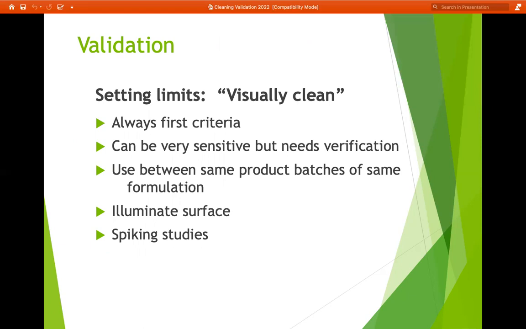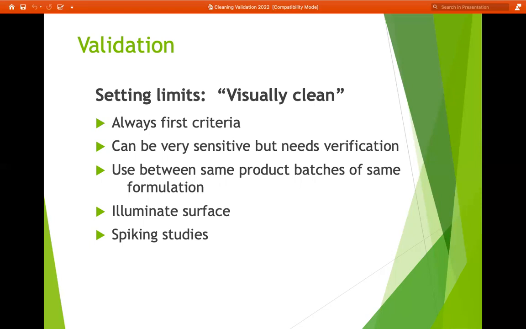In that case, or for a similar product but different batches, you can use this visually clean criterion, because if these products carry some particles or material into the next product or next batch, it is not going to affect any therapeutic value of the product, and it is not considered contamination. We still have to clean the equipment, but the visual cleaning procedure can be implemented for this purpose.